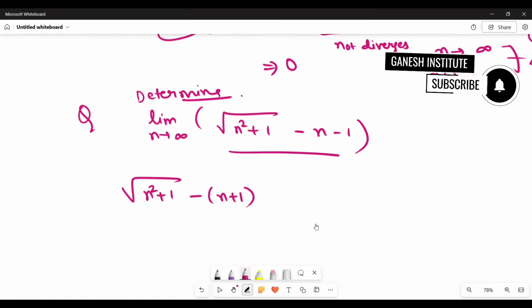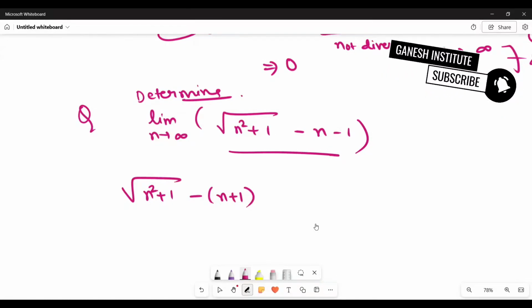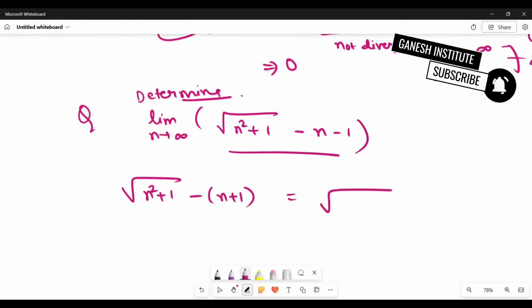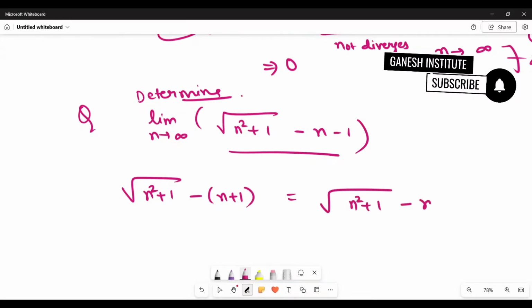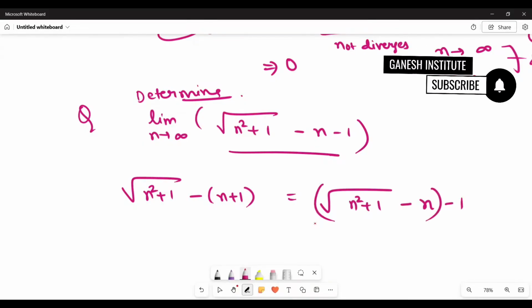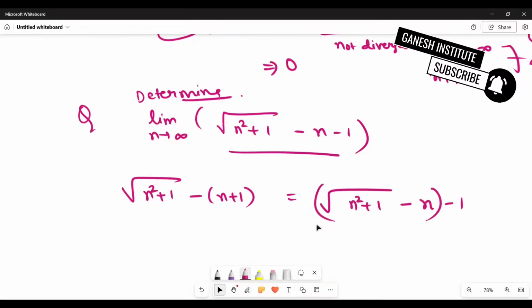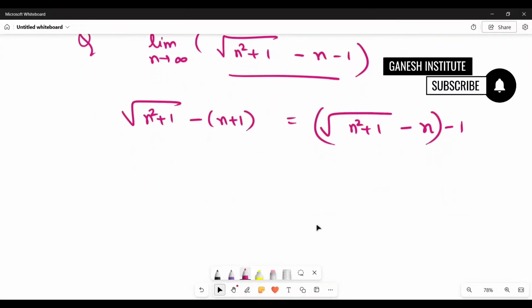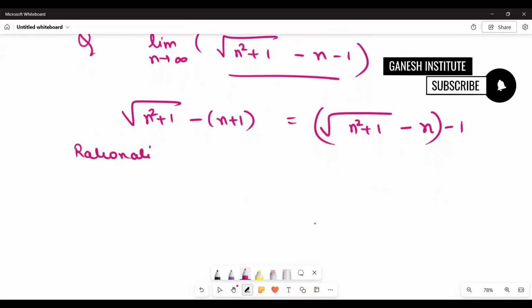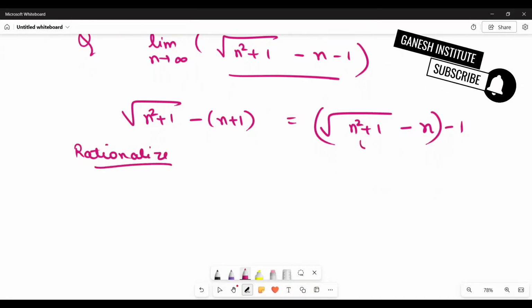So now if you rationalize, you can separate it as this bit also. Now, if you have to rationalize, what can you do? Just focus on the root part, this one.